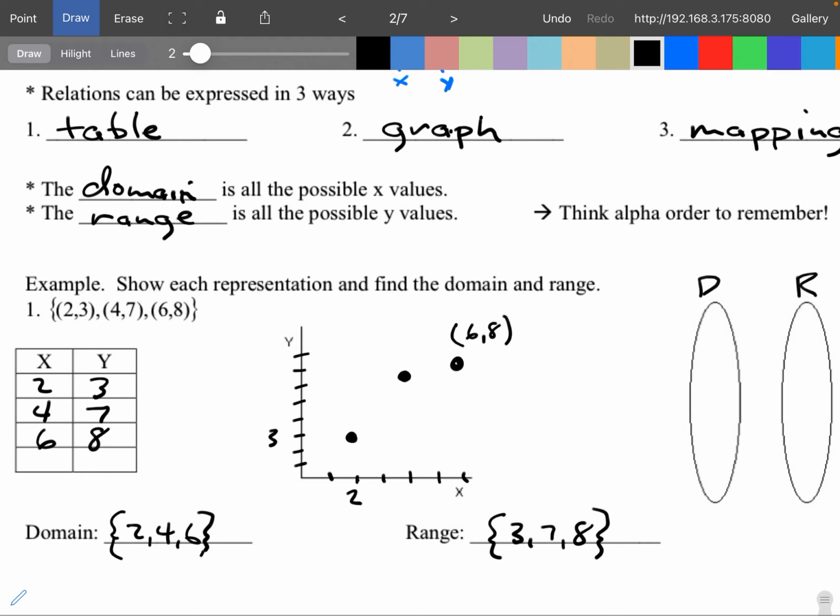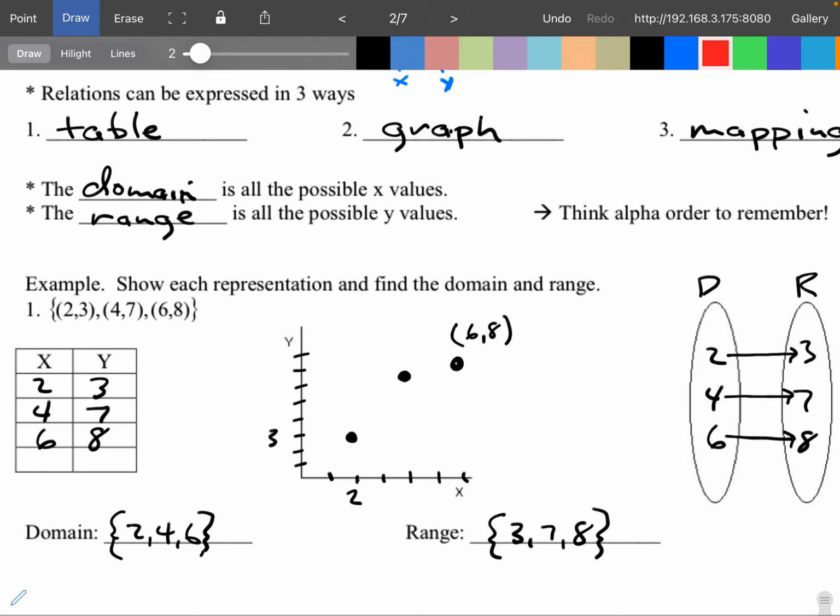All right, and then that'll help us make the mapping diagram. The mapping diagram is this thing over here. We'll label the set on the left as the domain, and the set on the right as the range. And then you just put the x values into the domain. So the x values were 2, 4, and 6. And the range values were the y values, so those were 3, 7, and 8.